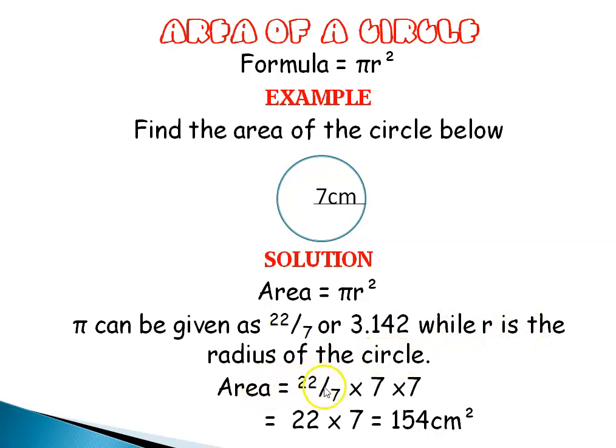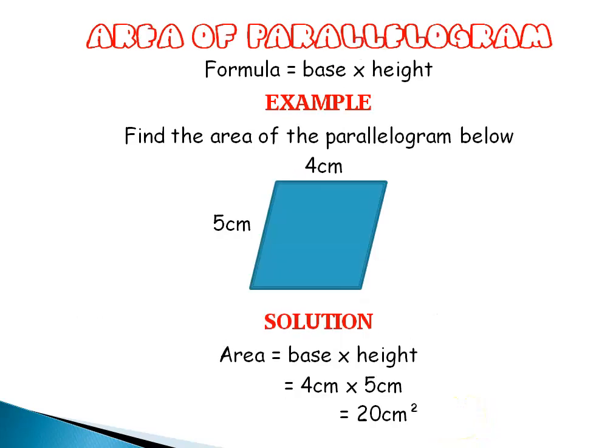So my pi is 22 over 7, and then the radius is 7 times another radius 7. So this 7 can cancel out the 7. I'll be left with 22 times 7. And 22 times 7 is 154 centimeter square. Always remember your unit, centimeter square. Is that taken? Very good.